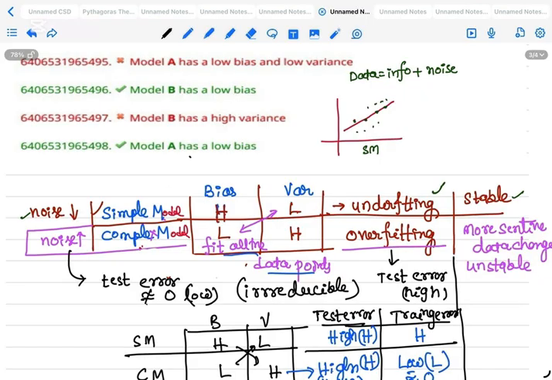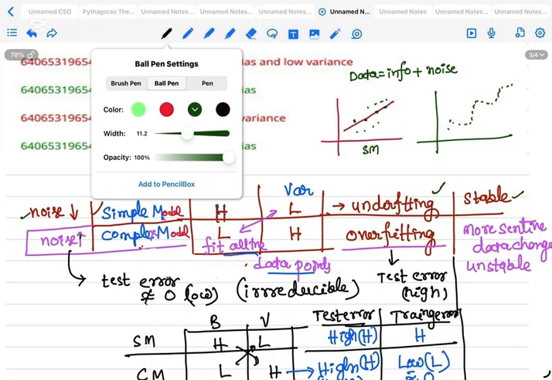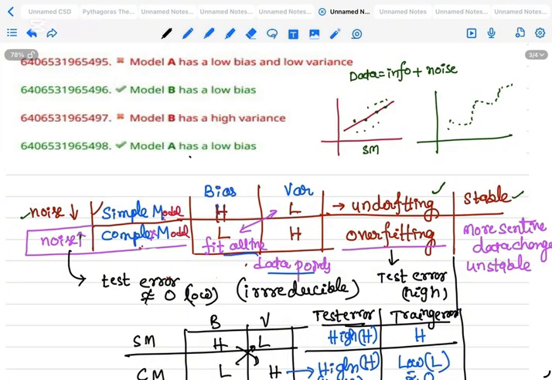In a complex model, variance is high. Why? It can fit all the data points. For example, these are the data points. In a complex model, it can pass through all the data points, it can fit every data point. Because of that, the fit includes noise also.